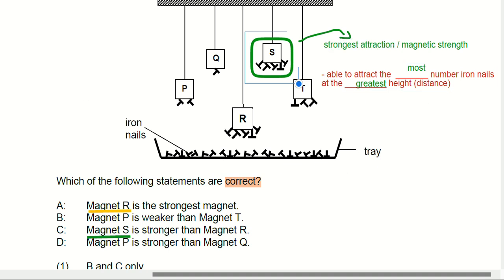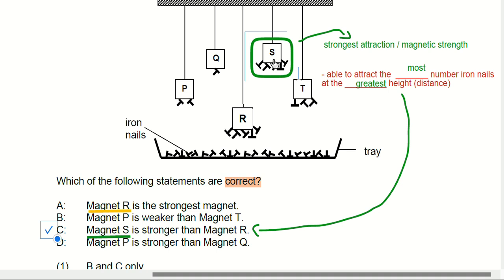So from here we can link up to this statement: magnet S is stronger than magnet R. It means my statement C is true. Magnet S is stronger than magnet R because it's able to attract the most number of nails at the furthest distance.